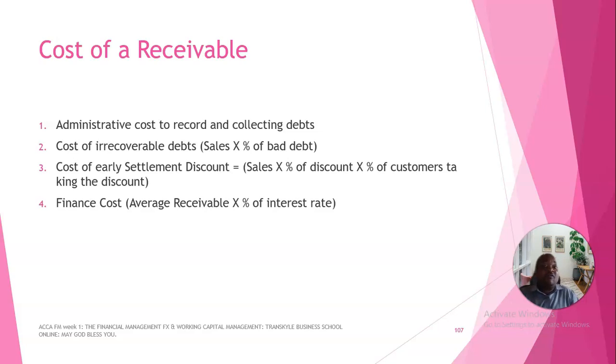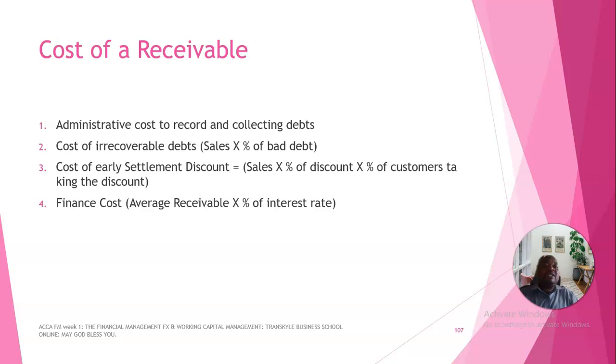What are the costs involved in a receivable? Remember, receivables are credit customers or credit sales. So what is the cost involved when we allow customers to take our goods on credit?